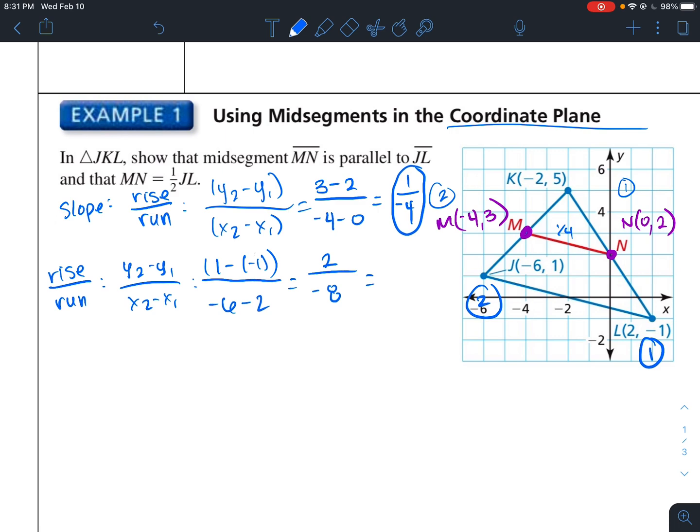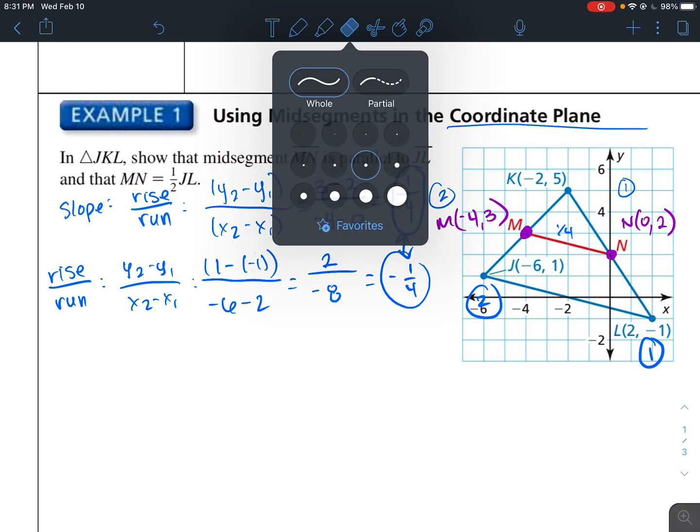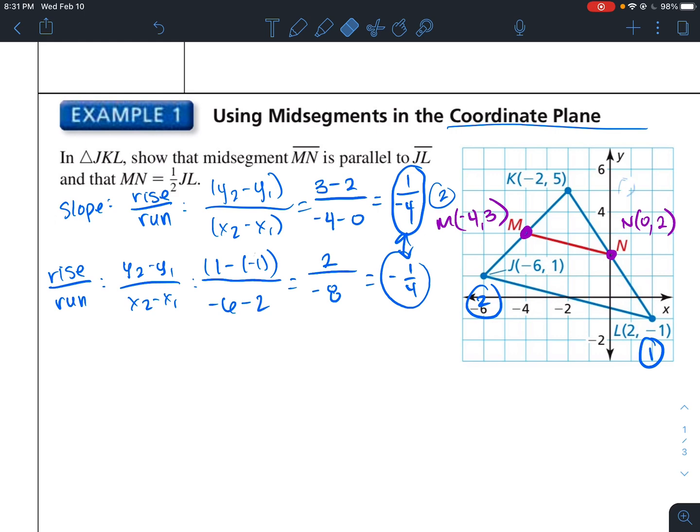If you simplify that fraction, you get negative 1 over 4. So you see here that they have the same slope. Hence, we can say that the line MN is parallel to JL. There you go. So these lines are parallel.